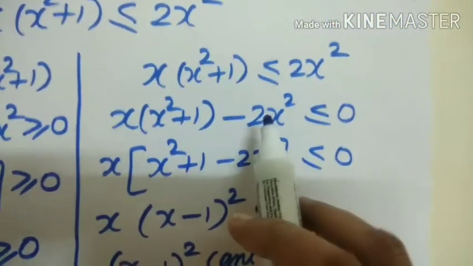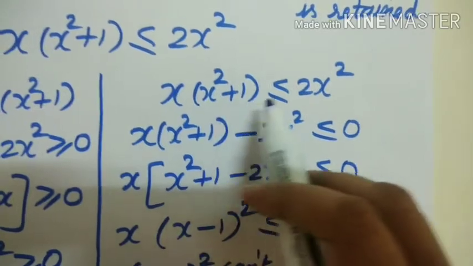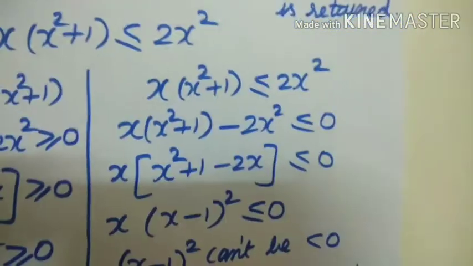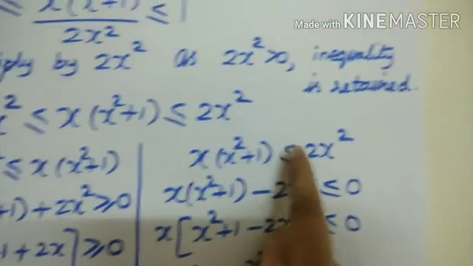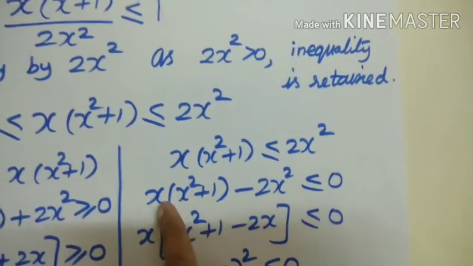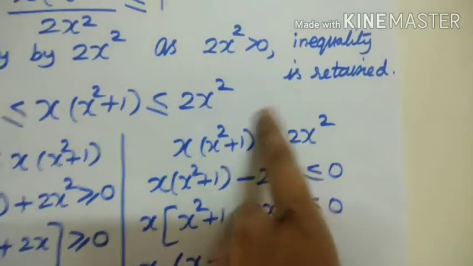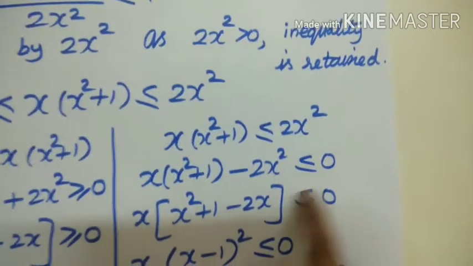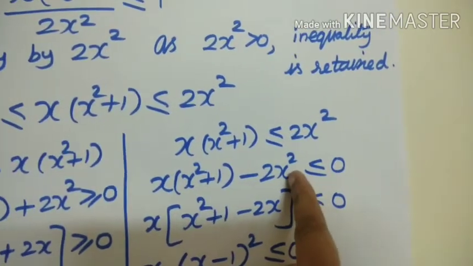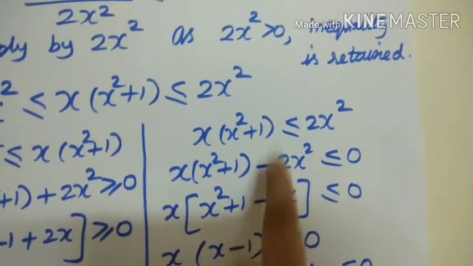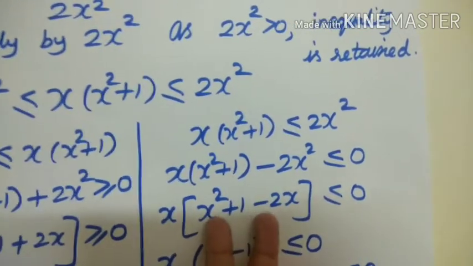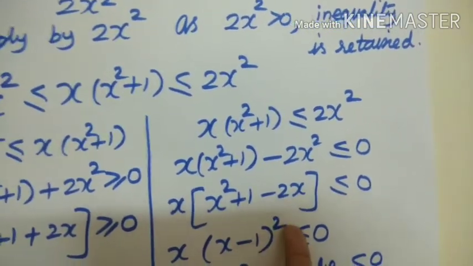Coming to this side, x into x square plus 1 is less than or equal to 2x square. Bring 2x square to the left side. x into x square plus 1 minus 2x square less than or equal to 0. Taking x as common, I get x square plus 1 minus 2x. This quantity reduces to x minus 1 the whole square.